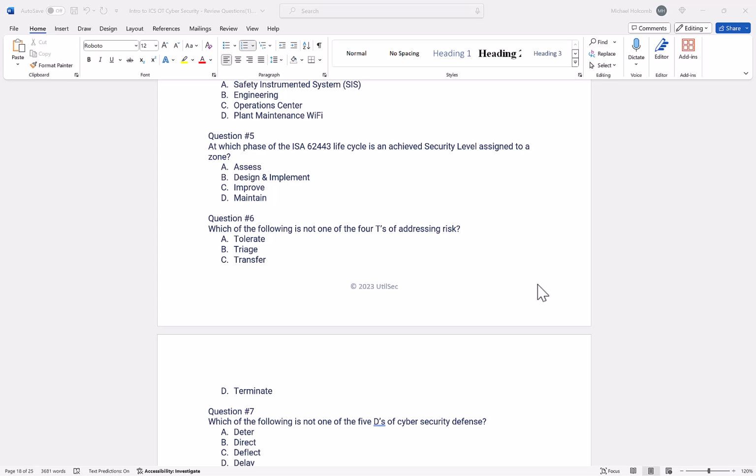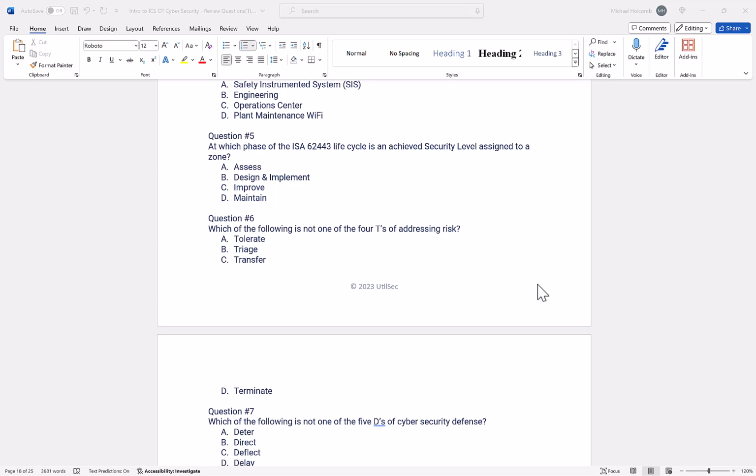Let's say it's for a manufacturing plant, and we want the entire plant to be protected against ransomware. They're not worried about nation-state attackers, so they're not worried about a 4. They're not worried about even slightly more sophisticated group actors, so they're not worried about SL3. So we're going to be at security level 2.